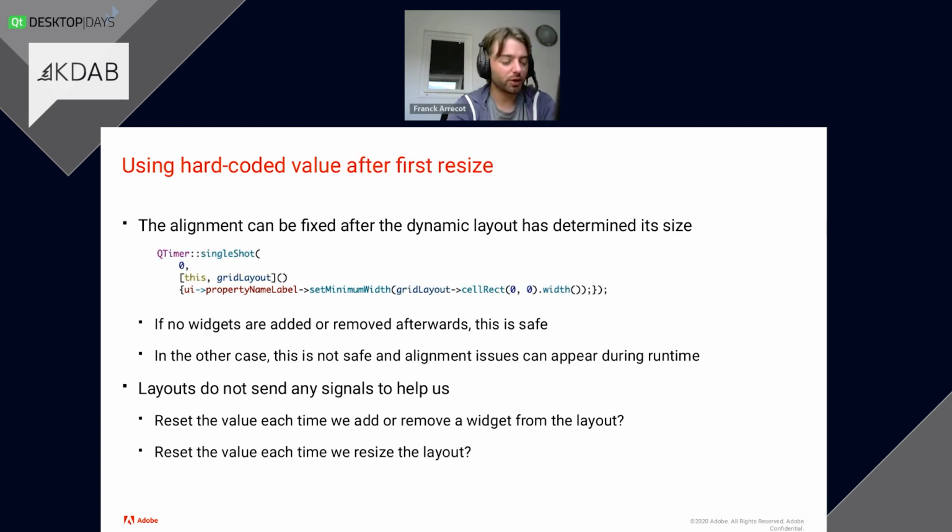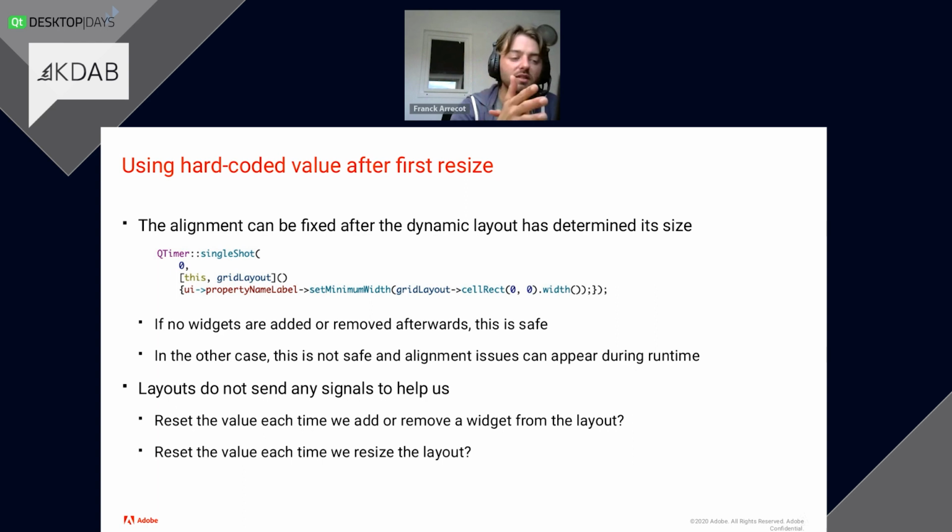Well, you could do a little trick, which would be to let the layout do its magic first, which is basically letting it be displayed and calculate for you the correct size, the correct width, to make sure that the content is displayed nicely, because that's what a layout is doing.